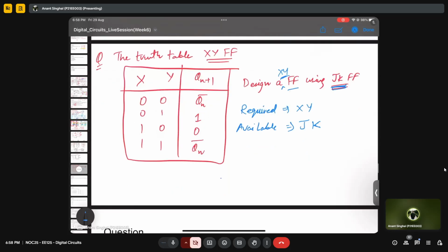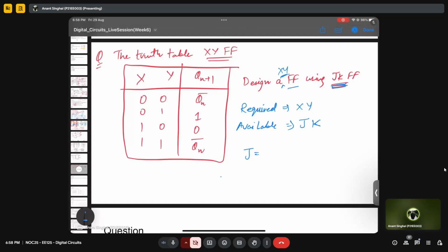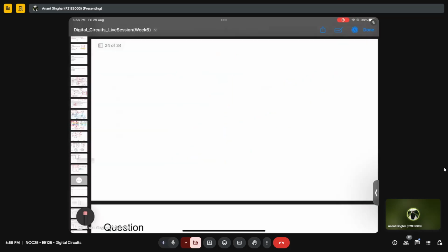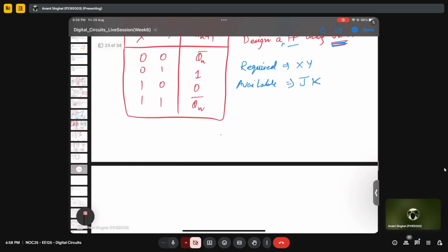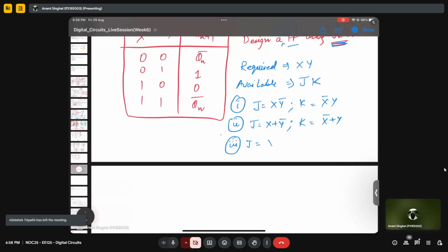Basically the answers would be J is some function of X and Y. Let me write the options also, maybe that will help. The first option is J is X Y bar, K is X bar Y. The second option is J is X plus Y bar, K is... The third option is J is X bar plus Y, K is X plus Y bar.